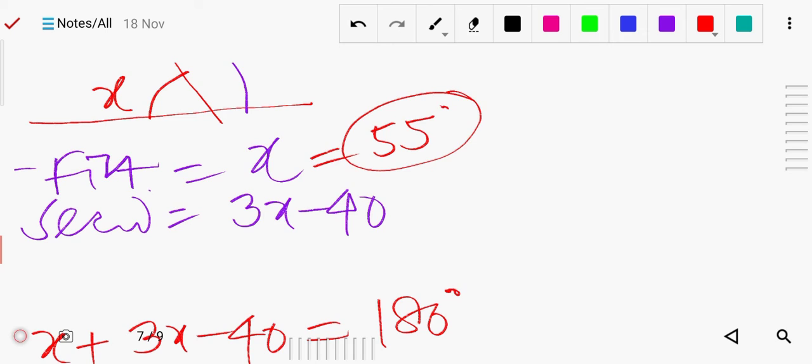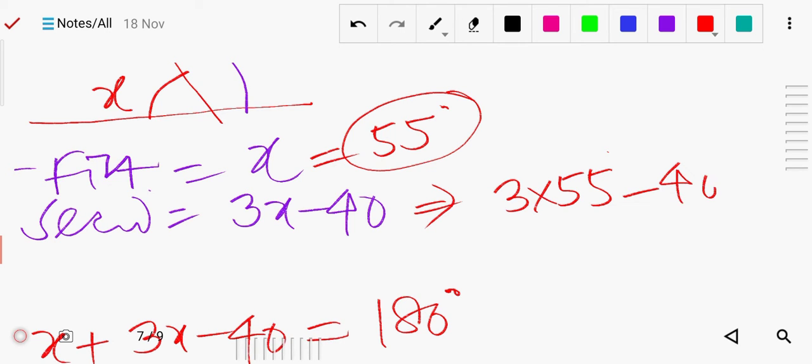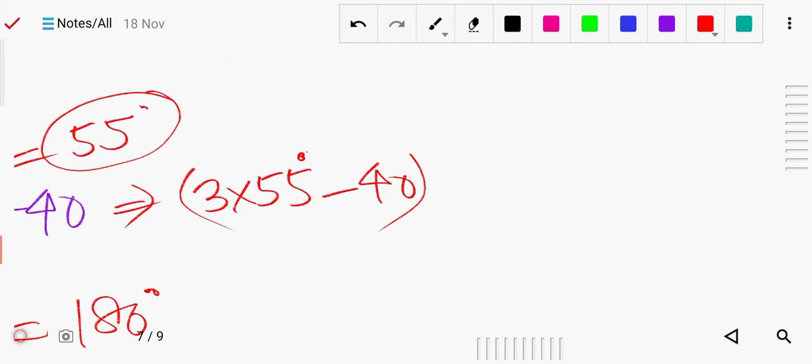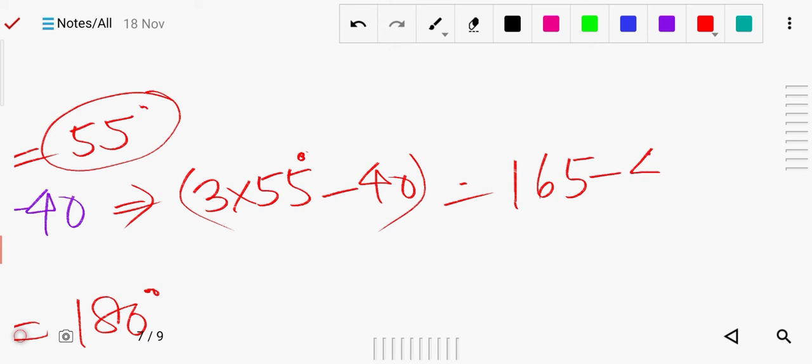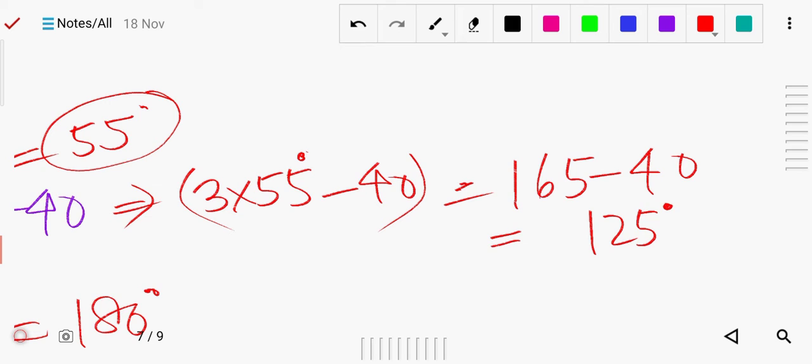So x is 55 degree. Now the second angle we have assumed is 3 into 55 minus 40. First of all you have to do 3 into 55, so it will be 165 minus 40. When you subtract, you will get 125.